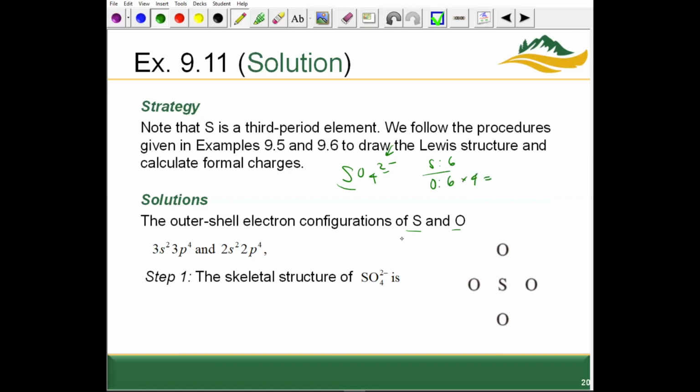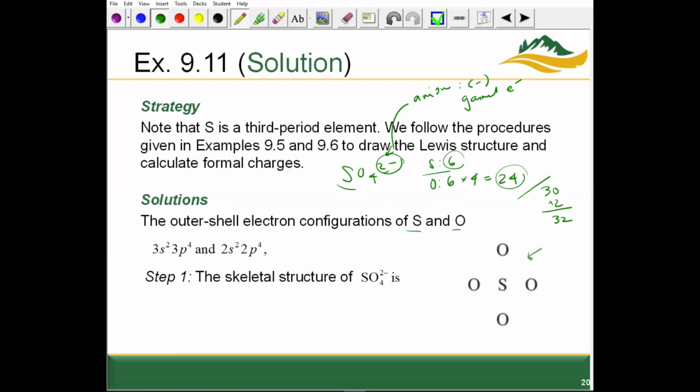There are 4 of them. 6 times 4 is 24. 6 plus 24, that's 30, but now we have 2 additional electrons because we have an anion. Anions are negatively charged. They have gained 1 or more additional electrons. So 30 from just sulfur and oxygen plus 2 more is 32.